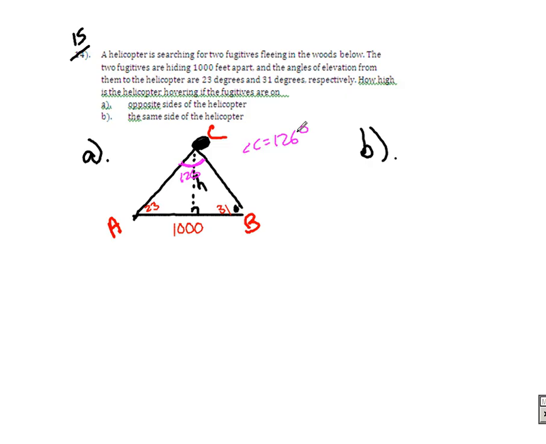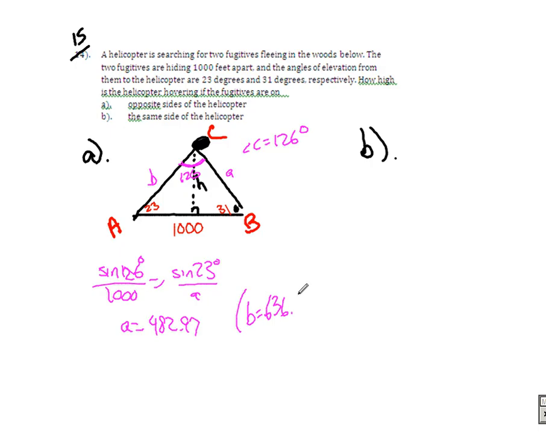From there, it doesn't matter which way I go, I can use side A or side B. I'm going to say side A, and show you that sine of 126 over 1,000, so that's for the C part, because I know both, is going to equal sine of 23 degrees over A. Cross multiply and divide, I should get A equals 482.97. If I were to do it with side B, I would have gotten that B was equal to 636.6.